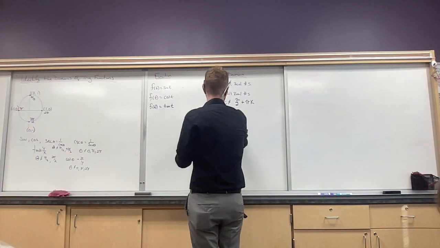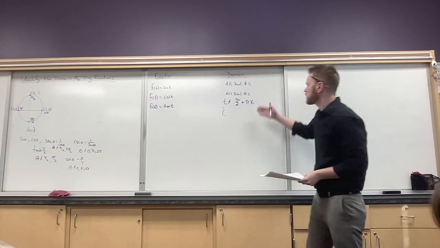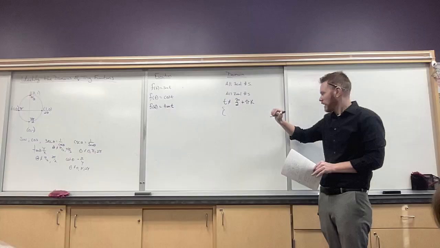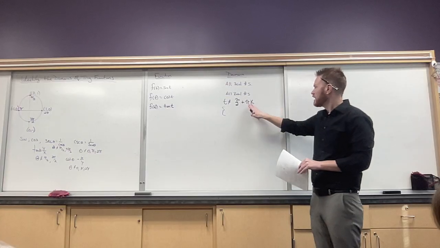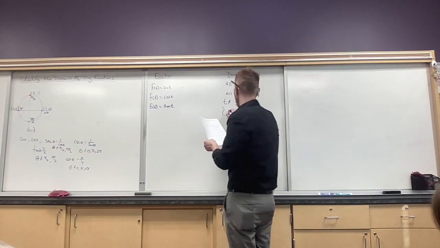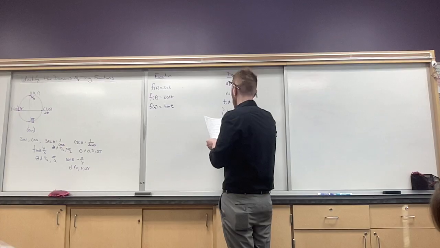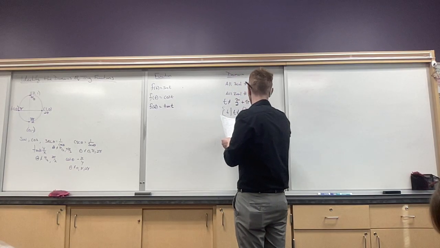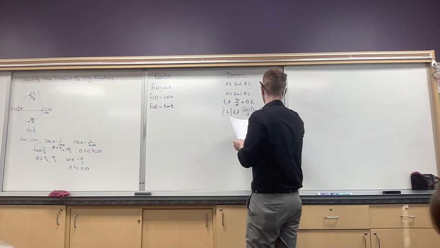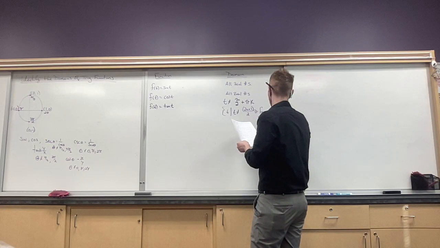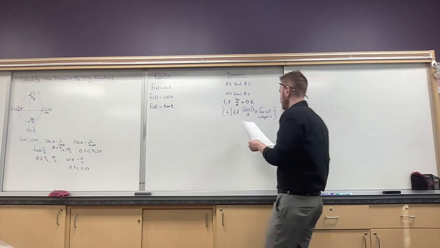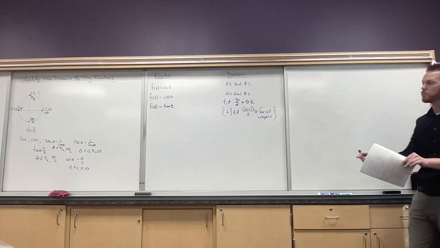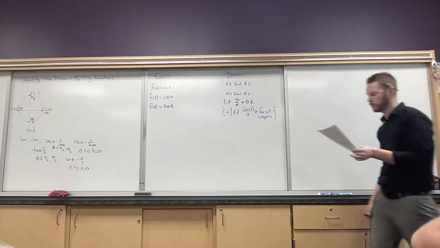Now, your textbook, I'm gonna write this underneath. Your textbook has a different way of writing this. It's not bad. I learned it this way. To me, this makes sense. But this is what they did in the textbook. And again, I'll give it to you just in case you want to use it, you can. Okay? So what they're saying here is it's excluding odd multiples of pi over 2.